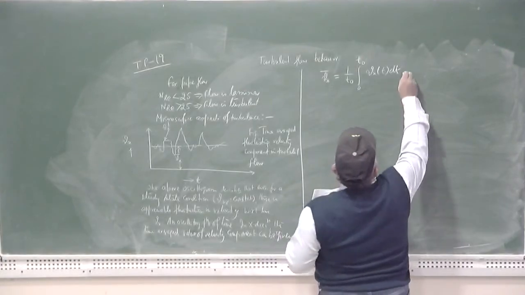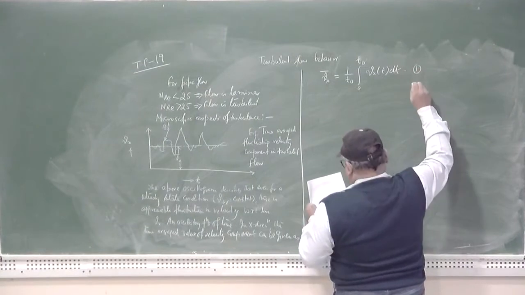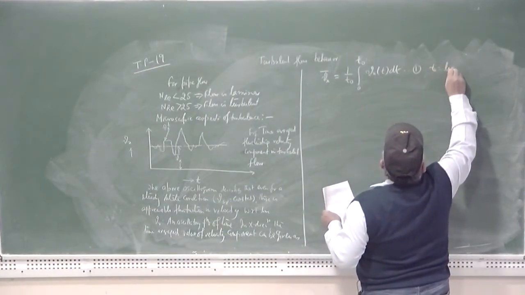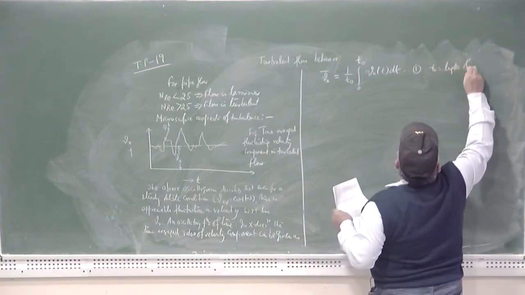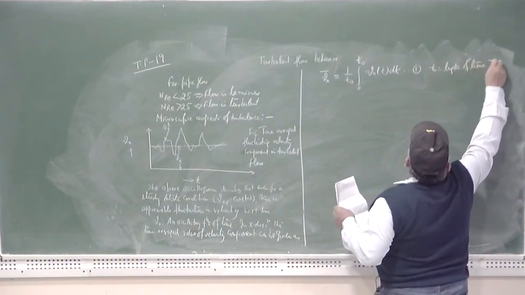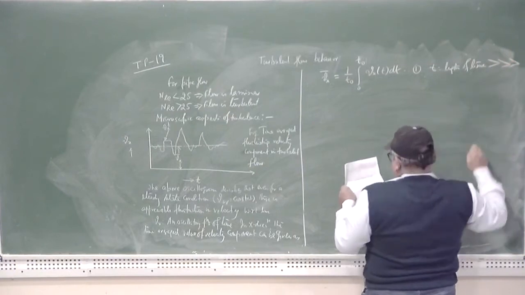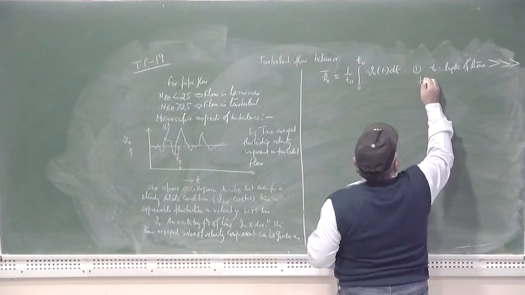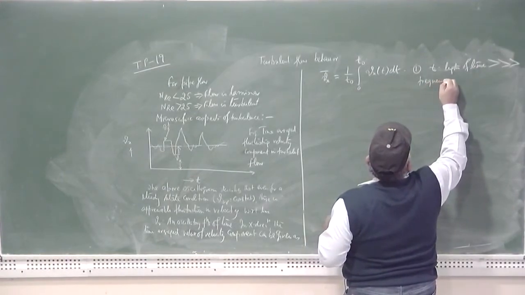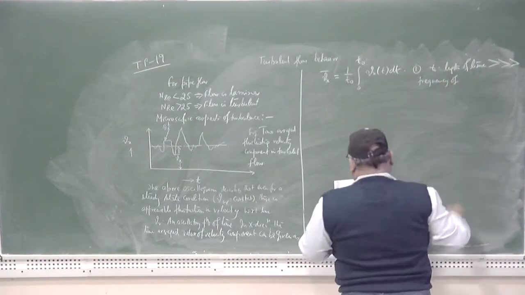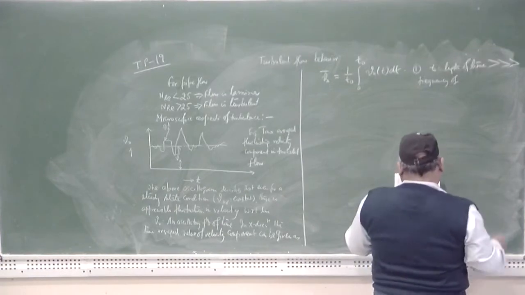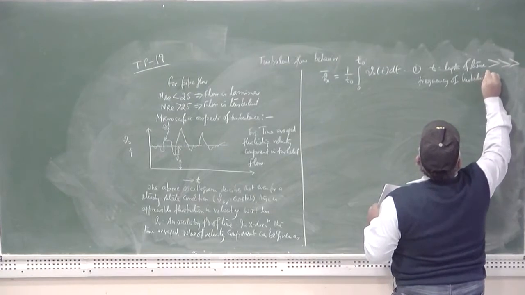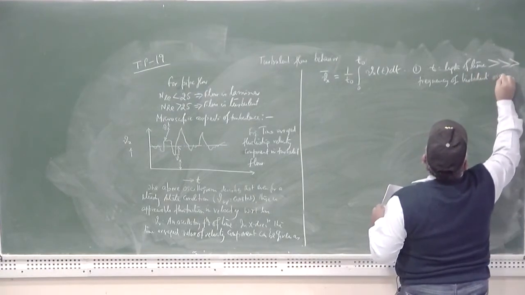Let it be equation number 1. T0 is the length of time which is much greater than the period of turbulent oscillation.